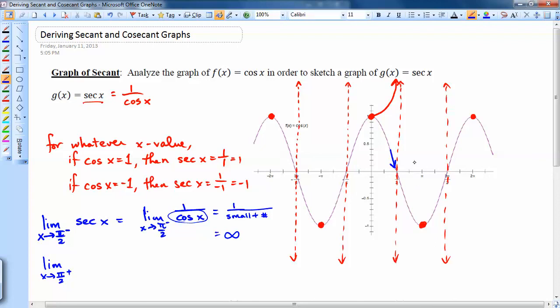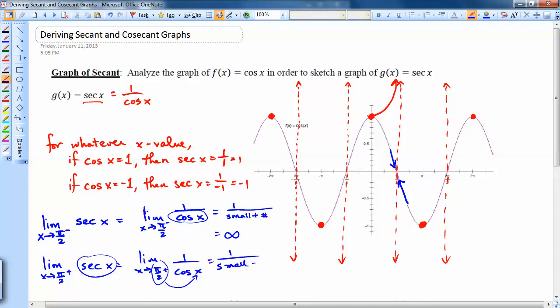If I look at what happens to secant of x, I'm not really changing anything here. All I'm doing is turning secant into 1 over cosine. So if we look at what happens to cosine when I get close to pi over 2 from this side, I get a really small but negative number. So it's 1 over a small negative number, and that's the same thing as negative infinity.